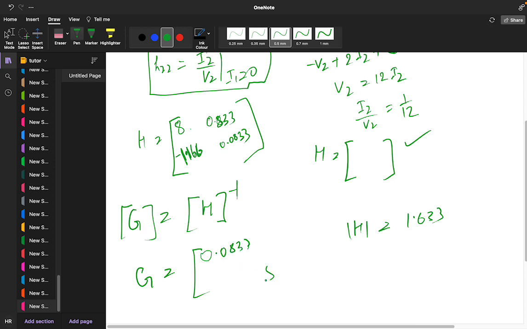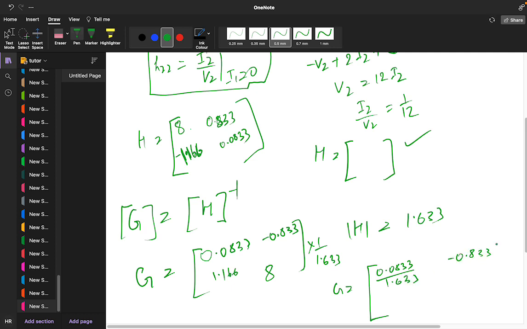Swap the diagonal entries: 0.0833, this will be 8, this will be minus 0.833, and this will be 1.166, all divided by 1.633. So you got the value of G: 0.0833 divided by 1.633, minus 0.833 divided by 1.633, and 8 divided by 1.633.